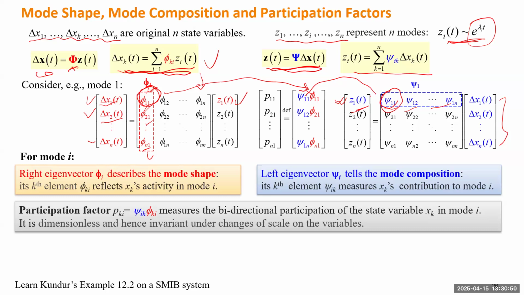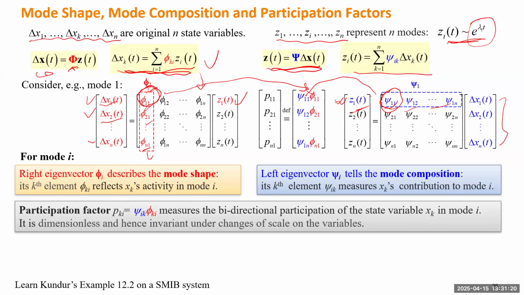But it doesn't mean this state variable has a large mode shape, because it may not be very visible. Mode shape means that if you place a sensor at that variable, it gives you a very clear picture of this mode, even though if you disconnect this element, the mode is still there. Participation factor measures both connections, both ways.